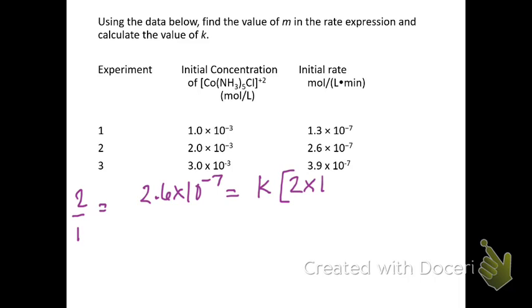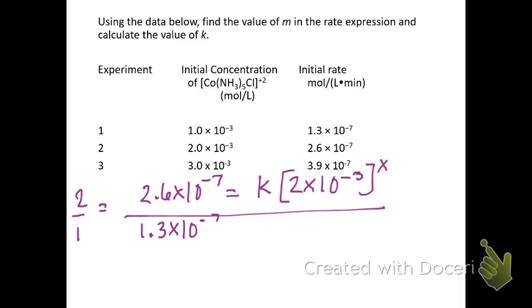and then 2 times 10 to the negative third raised to the x, because we don't know what x is, and then I'm going to divide that by the first experiment. So 1.3 times 10 to the negative 7 equals K, and then 1 times 10 to the negative 3 to the x. So very cool, K is going to cancel out because it's the constant for the whole thing.